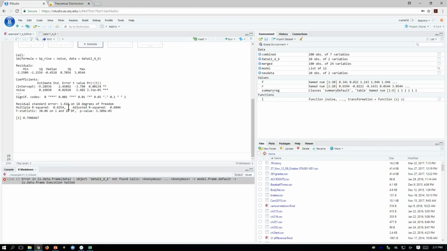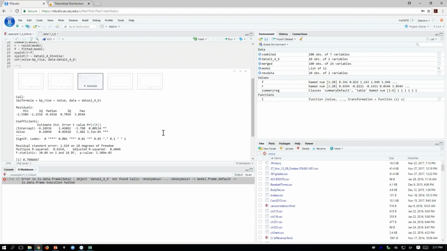Well, R squared is really just correlation squared. So we've talked about R squared in terms of the percentage of the variability in Y due to the model. But if you take the square root of 0.6254, which is actually this value right here, you get 0.7908, that is actually R.